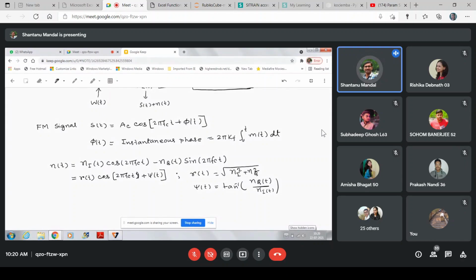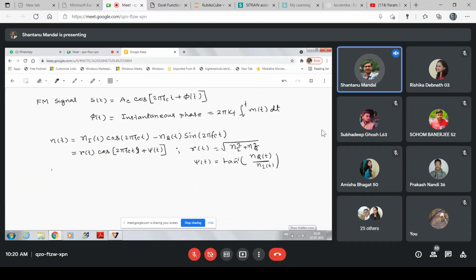From these two equations, we can write that the in-phase component n_I(t) equals r(t) cos(psi(t)), and n_Q(t) equals r(t) sin(psi(t)). So this is the calculation of the noise.